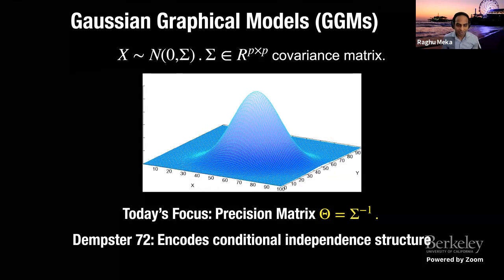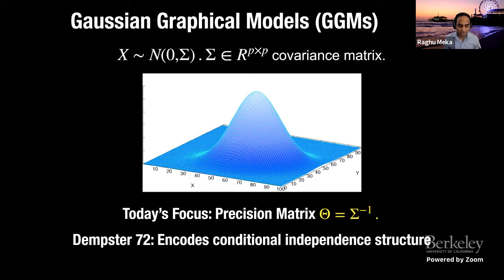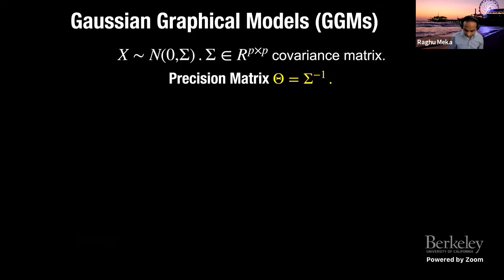So why look at the precision matrix? This goes back to an observation from '72 due to Dempster, who showed that the precision matrix encodes valuable information about the distribution. Not just numerical properties, but also something called the conditional independence structure of the distribution.